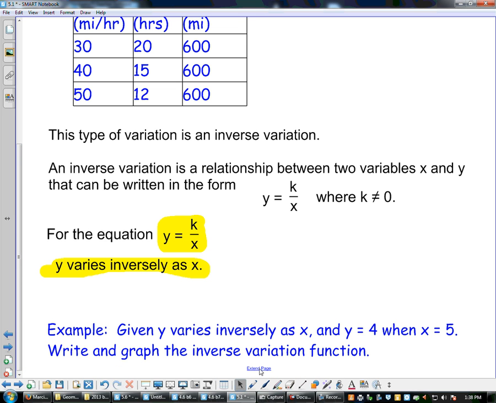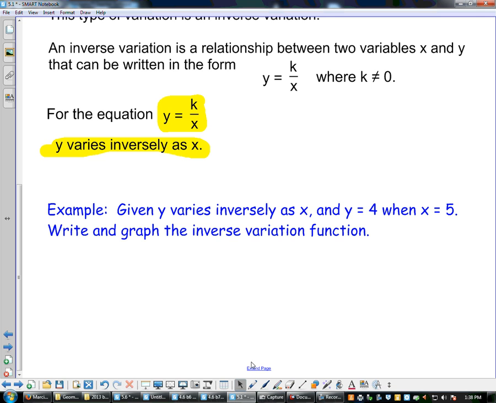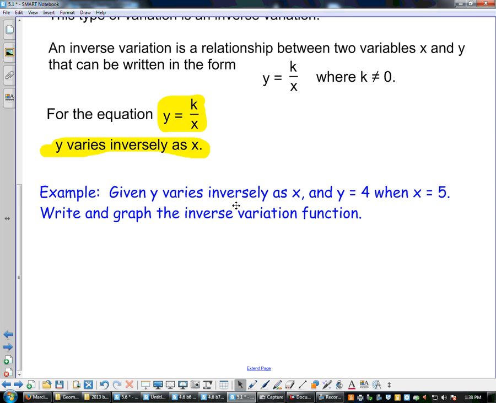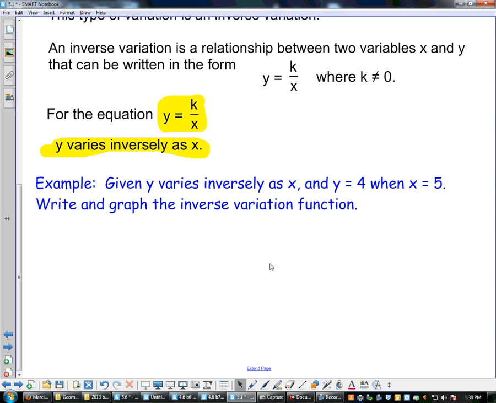Given information is that y varies inversely as x, and y equals 4 when x equals 5. Write and graph the inverse variation function. Again, as soon as you see that y varies inversely as x, you're going to want to write this equation down.